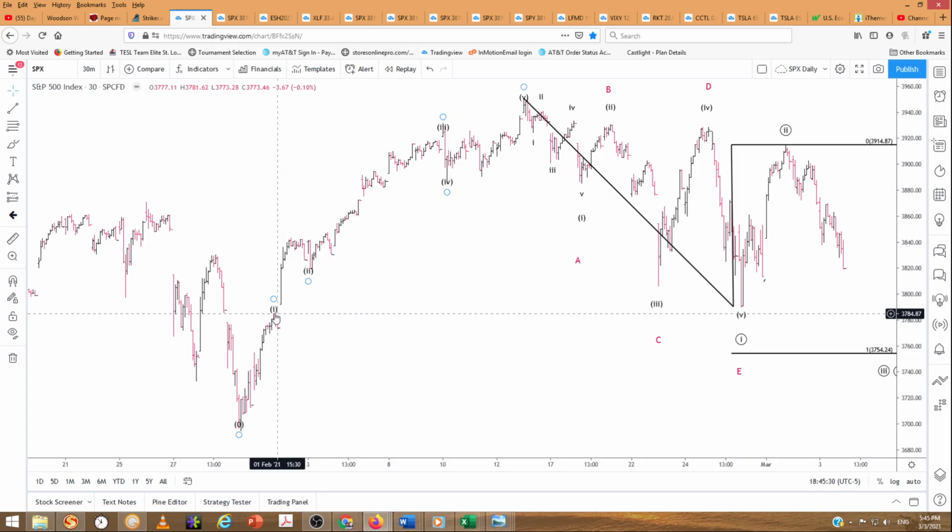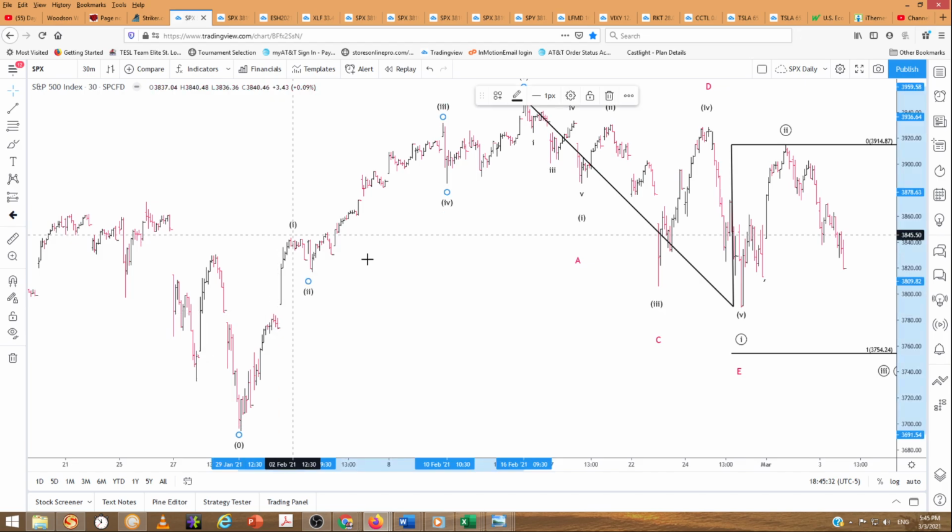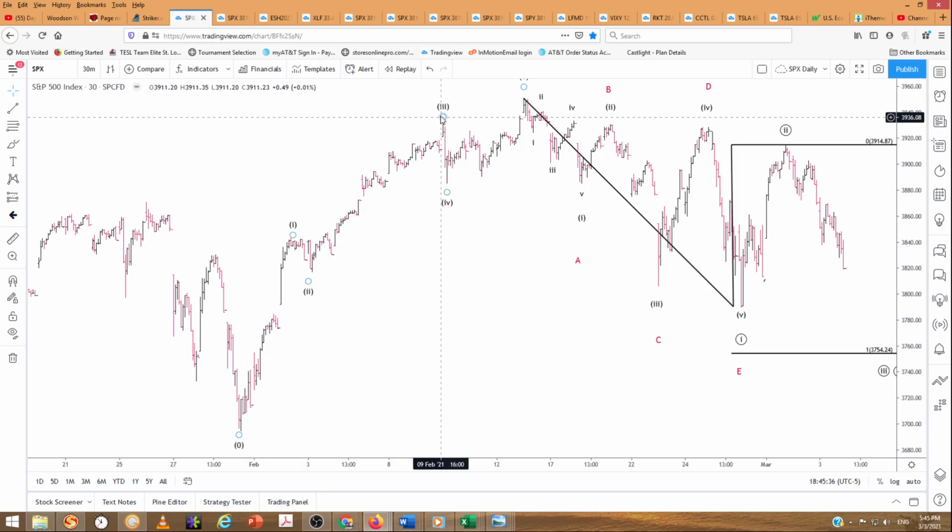We'll put 1 back where it was, but you could label it here, and this would be a very long extended third, and then this would be a horrible 5th. It just doesn't look like we're going to get a new high, but you never know. We'll see. Okay, so that's where that is.